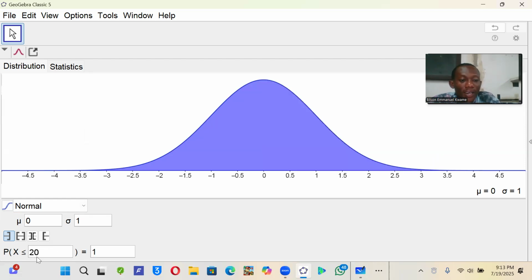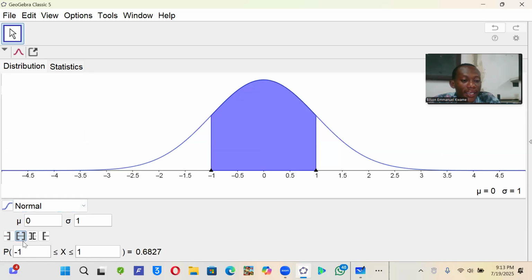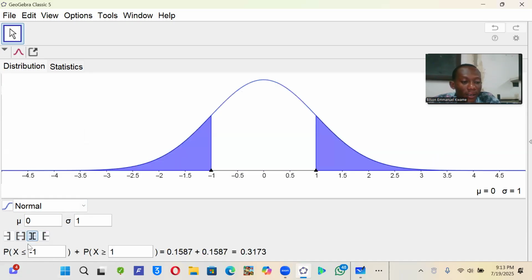In that particular question, we get to know that the probability that at most 20 people pass the examination is going to be 1. Is that okay? Good. Then this side is for both of them, maybe between -1 and 1. This side is for when the addition comes in.